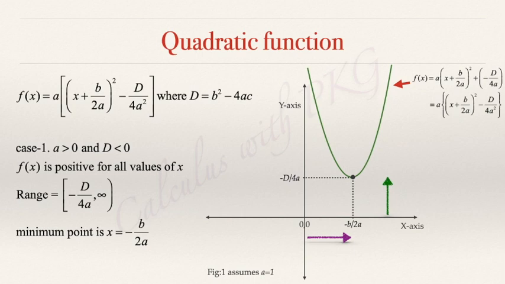So what is the conclusion here? If we choose a greater than 0 and d less than 0, we can say our function f of x is positive for all values of x.